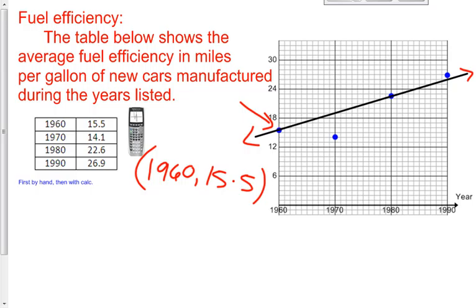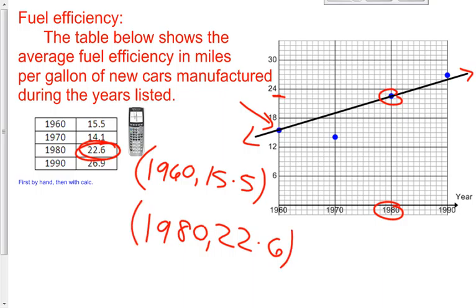The x-axis is 1960, the y-axis is 15.5. My next point is at 1980 and 22.6. So my second point is 1980 for the x-coordinate and 22.6 for the y-coordinate.